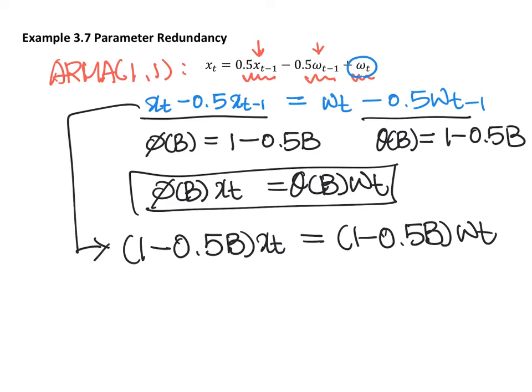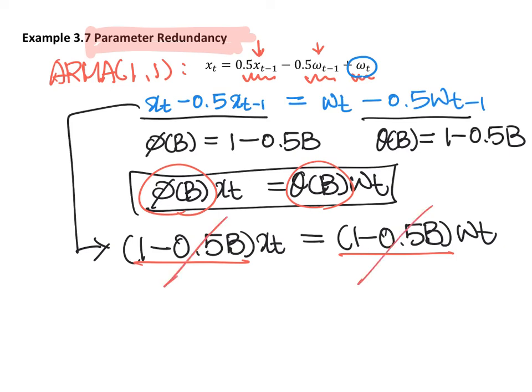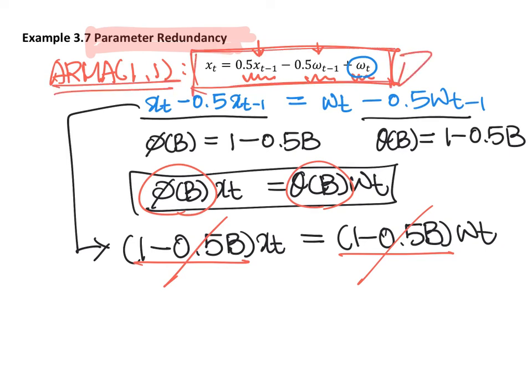This is the topic of parameter redundancy, and we can reduce the parameters because the AR operator and MA operator are the same. So we just cancel them out. At the beginning we had ARMA(1,1), but it is exactly the same as the model x t is equal to w t.